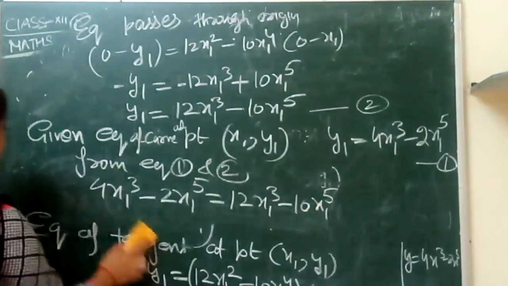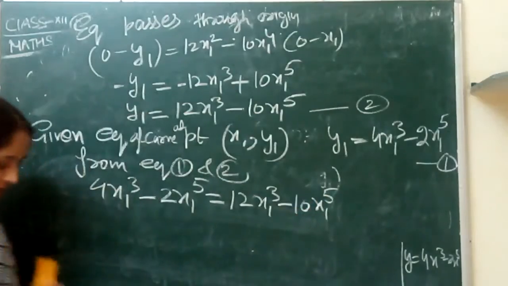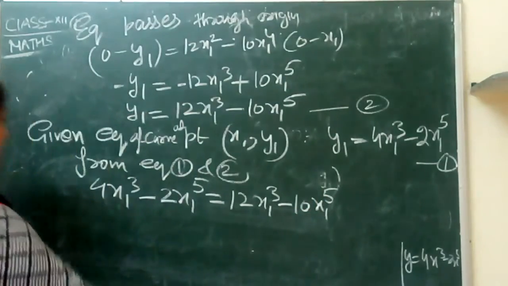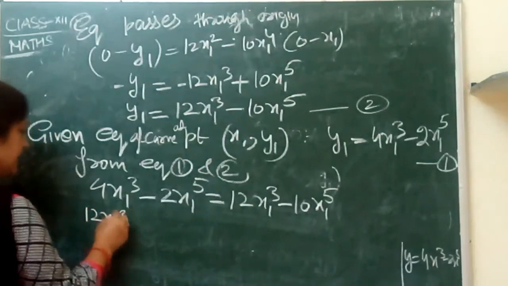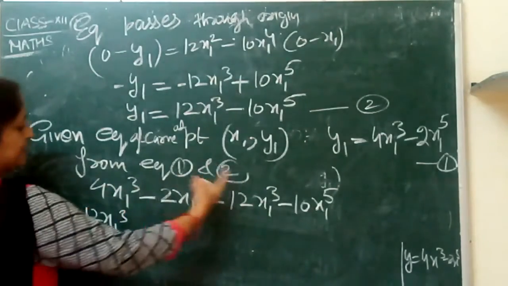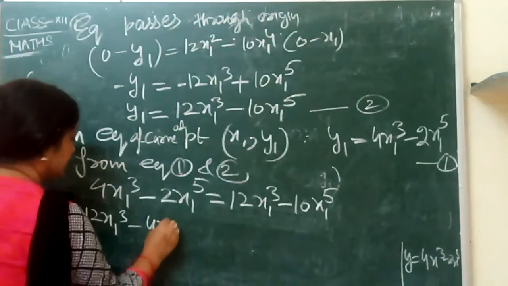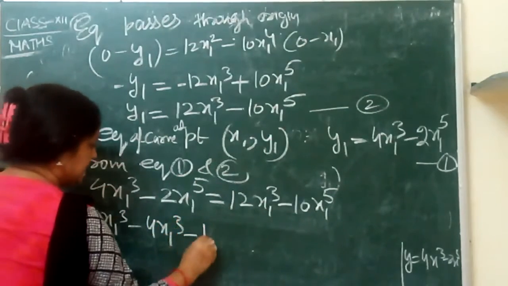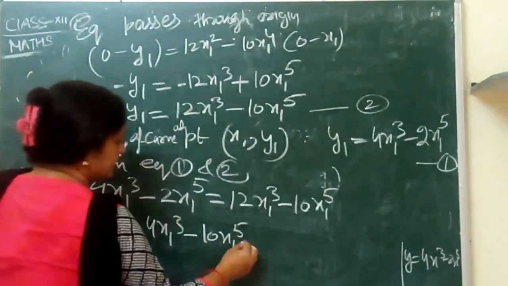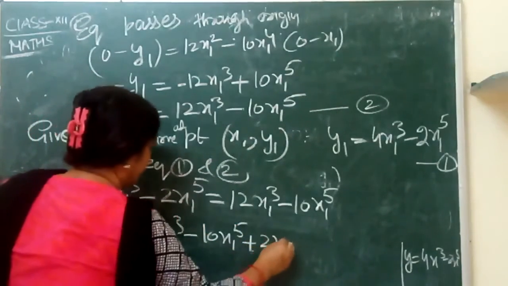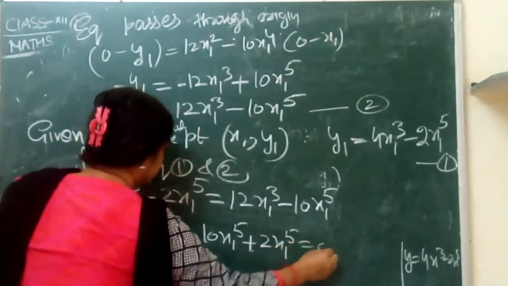After that, solve this equation. It will come 12x1 cube, transfer this 4x1 cube to this side, then minus 4x1 cube, minus 10x1 raised to power 5 as it is, transfer this 2x1 raised to power 5, so it will come plus.